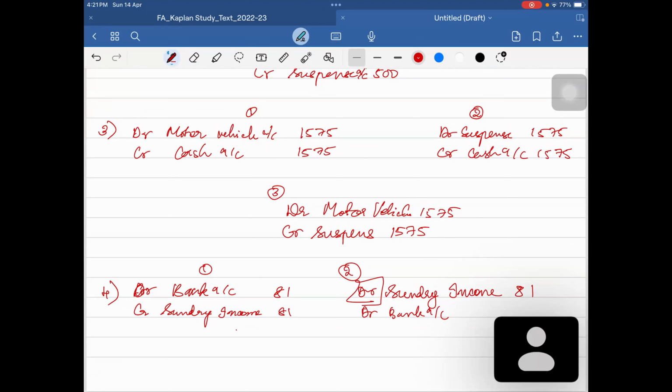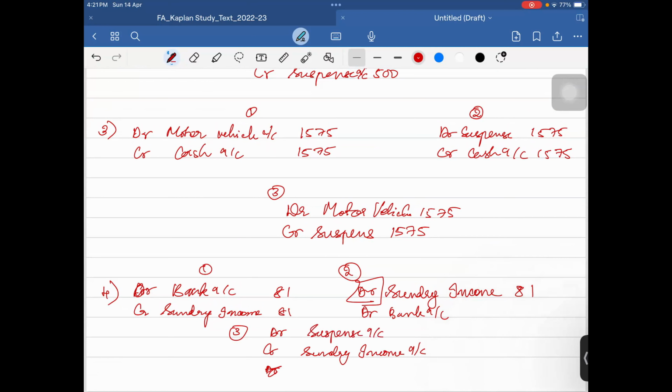So what is the correct entry? Credit sundry income, right? There is no other account to balance it. So you're going to use your suspense account. Now, if you write 81, what would happen?